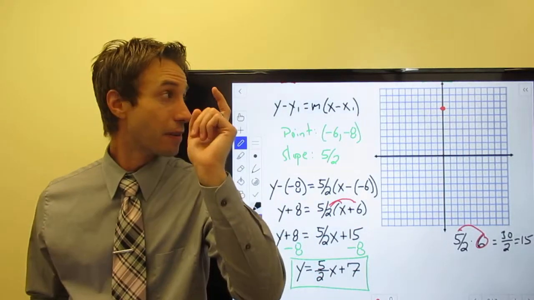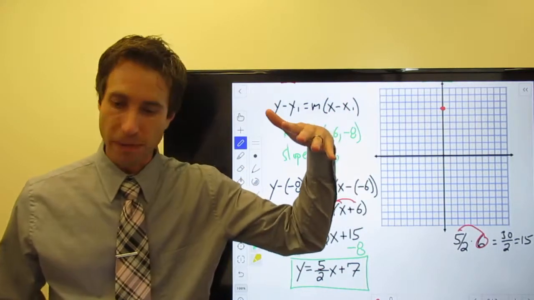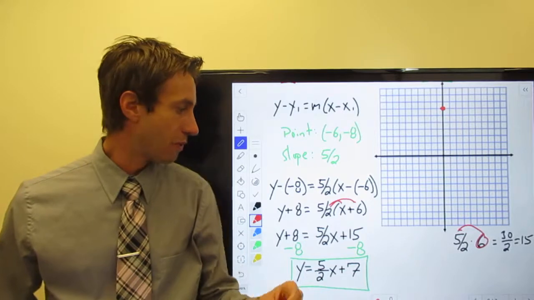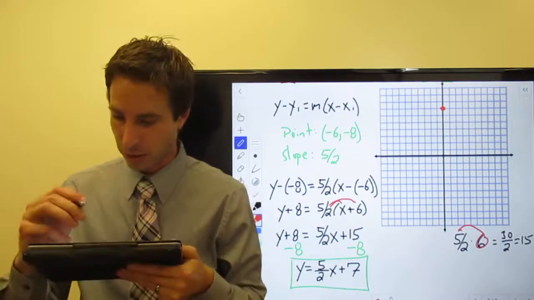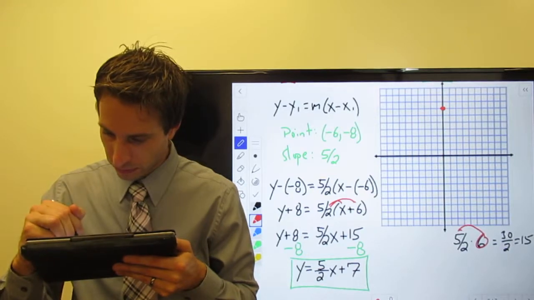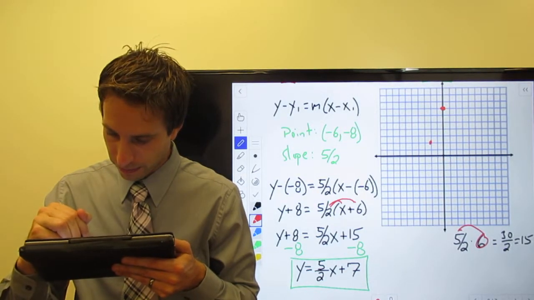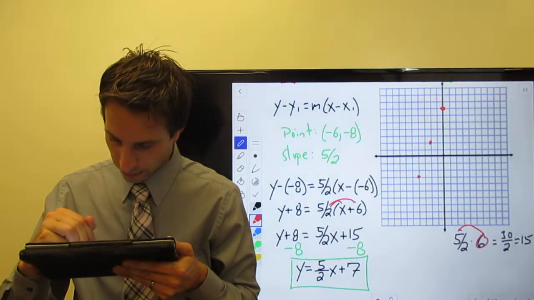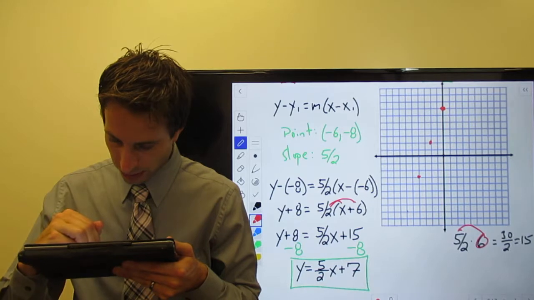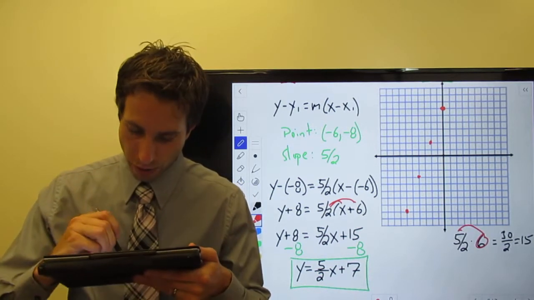So that's up 5 and right 2, but it won't fit, so I'm going to have to go down 5 and left 2. In fact, that works so well, let's do it again. If it ain't broke, don't fix it. So we'll just keep going down 5 and over 2.